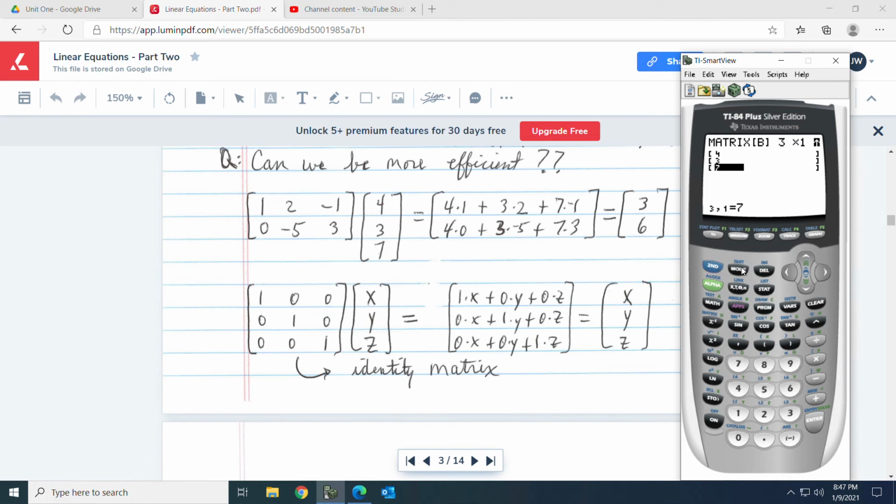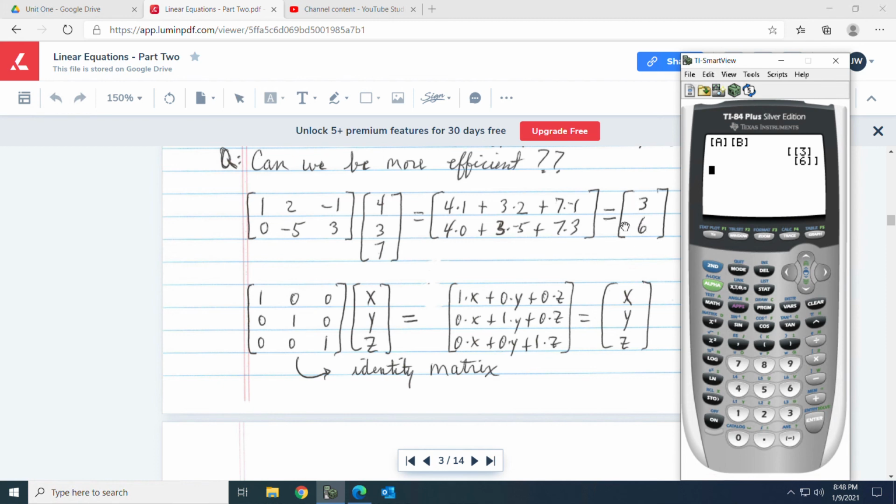Now I want to go out to my main screen, and now I want to do matrix A times, you can either hit multiply and then pull up matrix B. If you do them all, like kind of just pack them in there together like this, it will know that you're multiplying these two matrices.